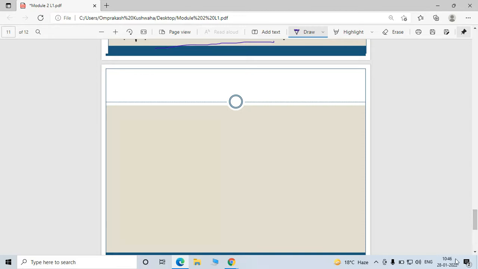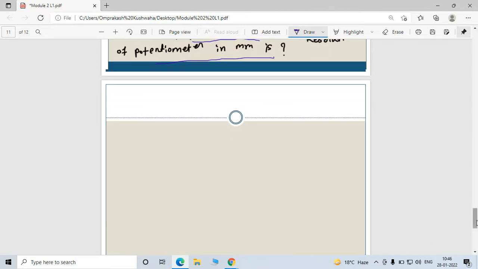Now see, this is the potential which you apply to the potentiometer, and the whole resistance is categorized with this whole wire, which has a length of 50 mm.